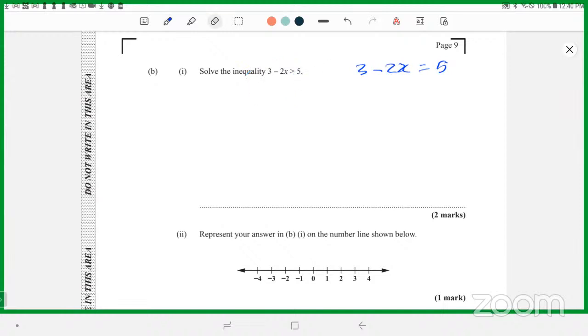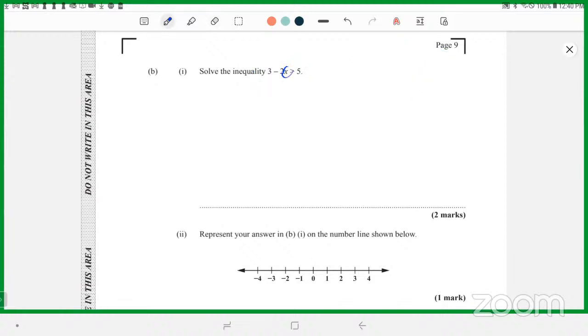That's what this question is testing, because otherwise the steps are generally the same.